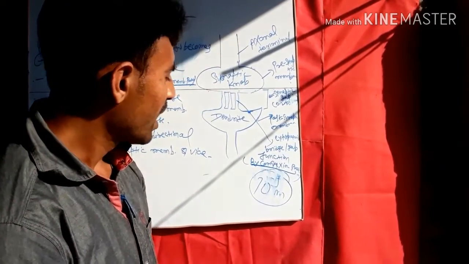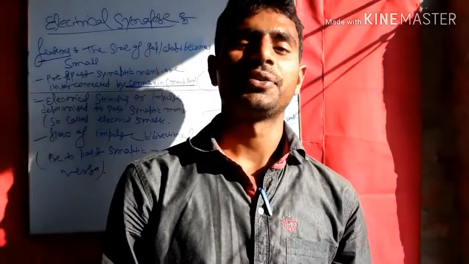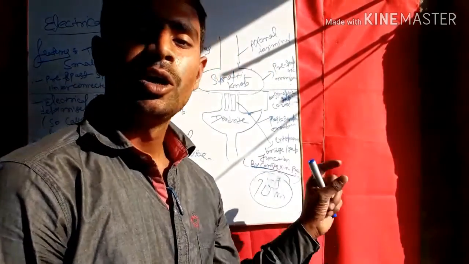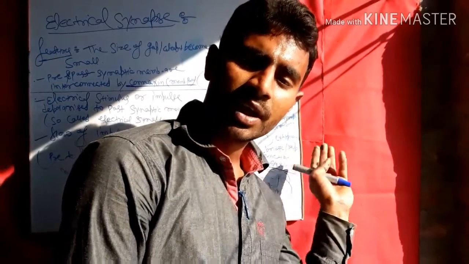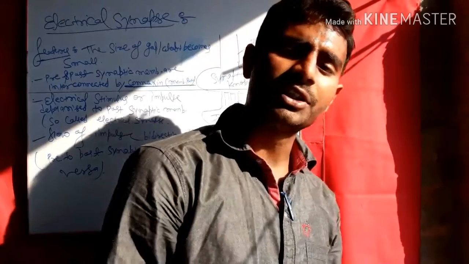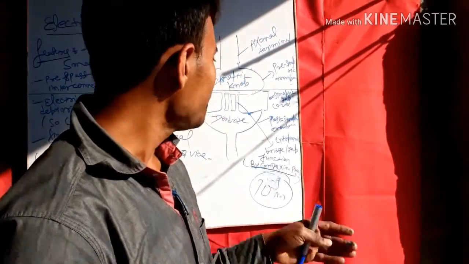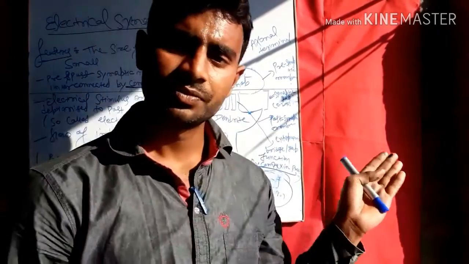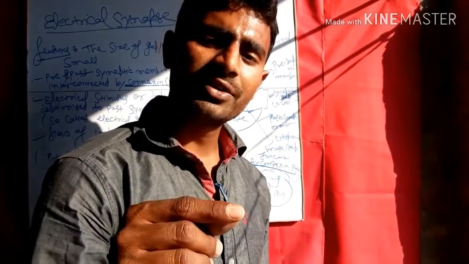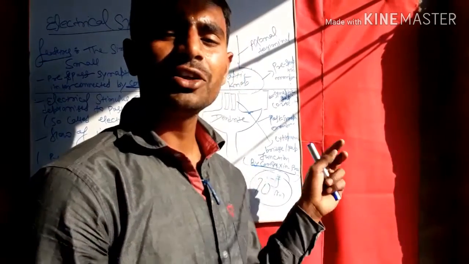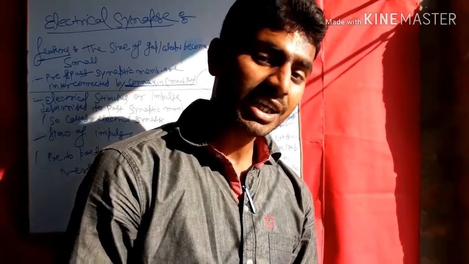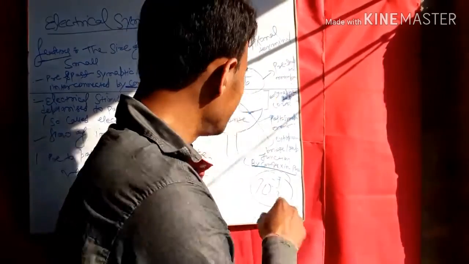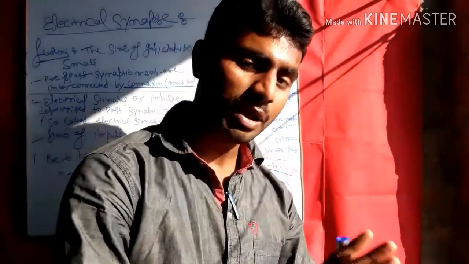First, the presynaptic and postsynaptic membranes are connected with each other and form a cytoplasmic bridge by connexin protein, and this bridge is for the flow of impulse.